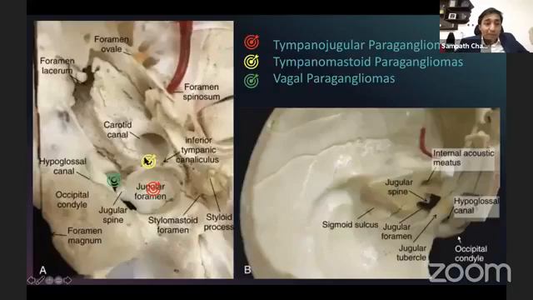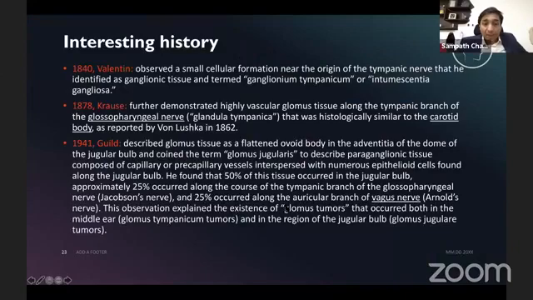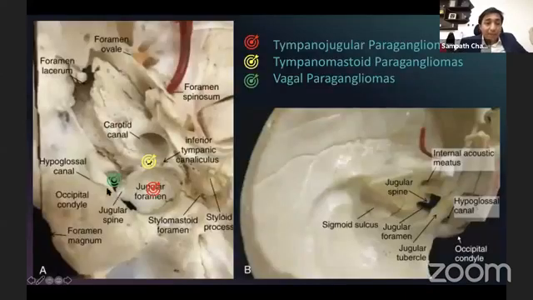They both said that there are glomus-like tissues that go along the parasympathetic nerve, that's the tympanic branch of the glossopharyngeal nerve. So the second set of tumors, now we know why they go into the middle ear. They don't involve the bulb per se, and they are more in the middle ear cleft, and they are called tympanomastoid paragangliomas. And the third group of tumors is that 25% that occurred along the auricular branch of the vagus, and those are the vagal paragangliomas.